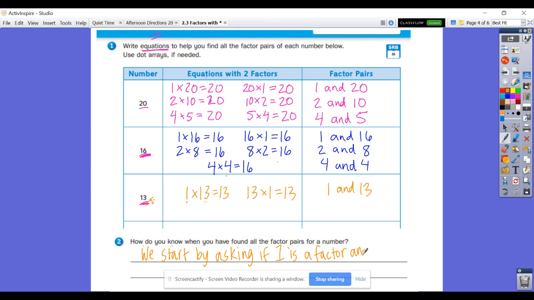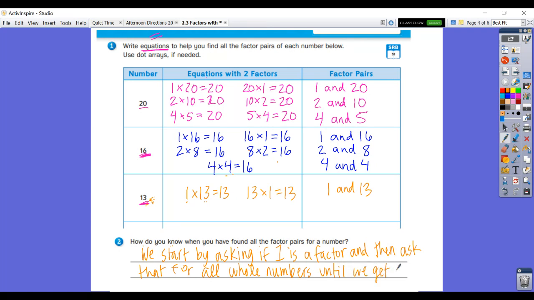And then ask that for all whole numbers until we get a turnaround fact.